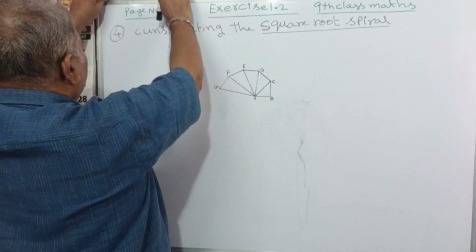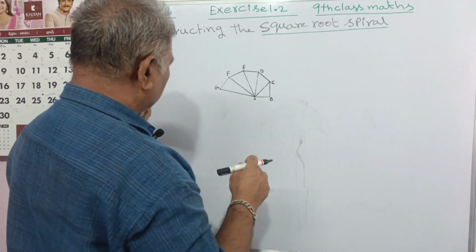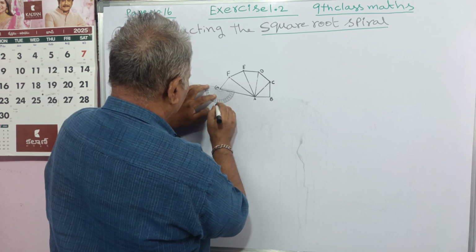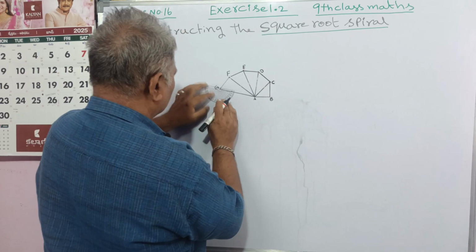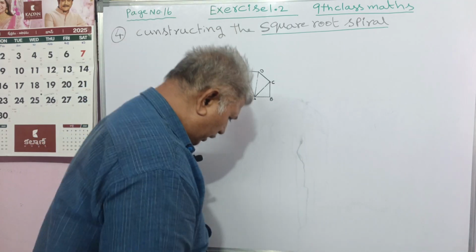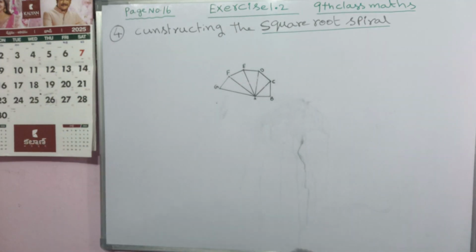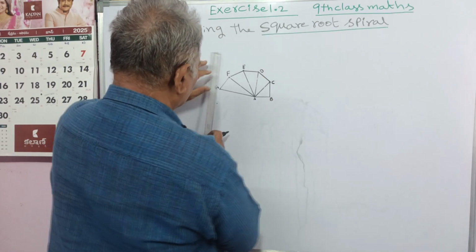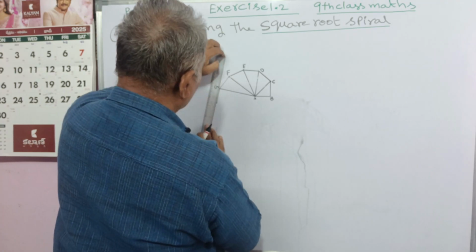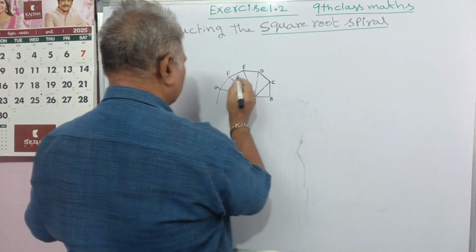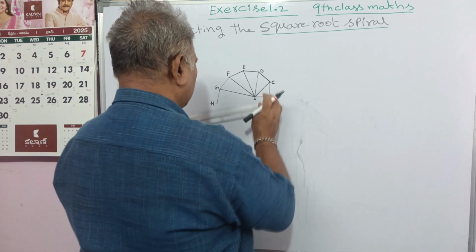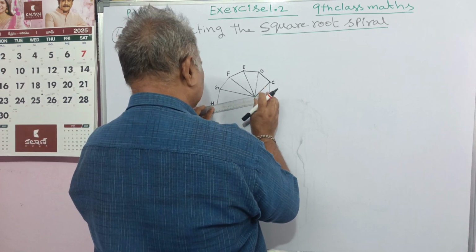Again, draw a perpendicular line to AG. This point is H, and join AH.